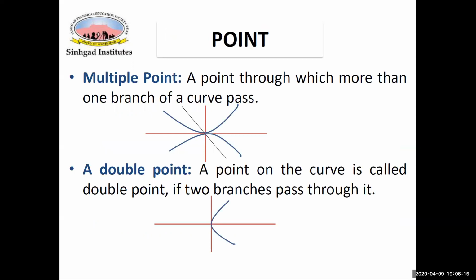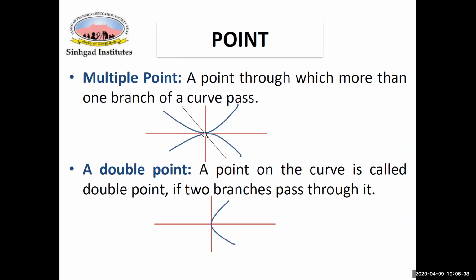The most important thing that everyone must know before starting curve tracing is the difference between a multiple point and a double point. In figure 1, three curves are going out of the origin. Of those 3 curves, 6 branches are moving out of this origin.